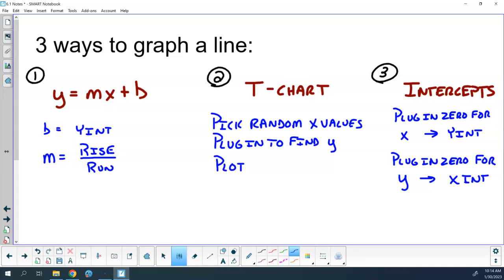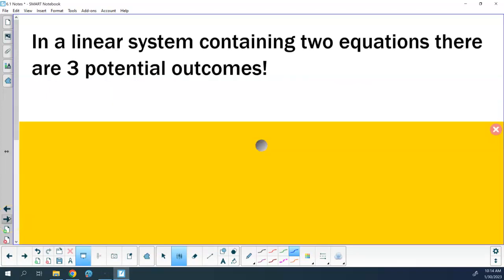Now what we're going to be doing today is using a linear system. So we're going to have multiple lines on one graph. And when we have lines on one graph, there's only 3 potential outcomes that we can have.